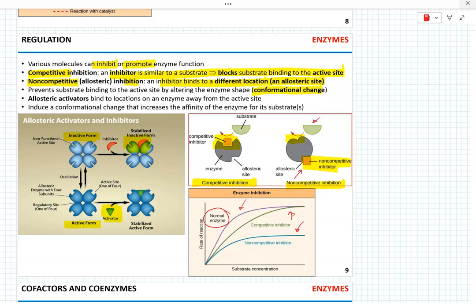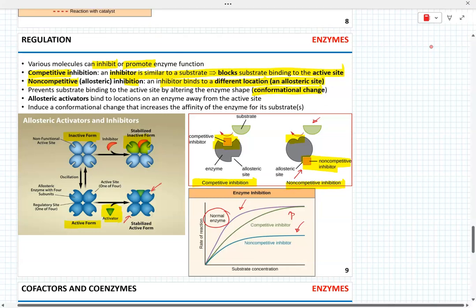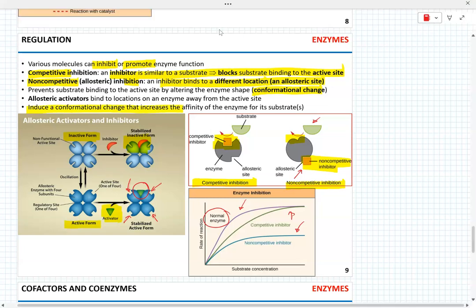You can clearly see on that illustration that this enzyme has 4 active sites, but the activator binds not to the active site, but to some other location. These allosteric activators usually induce some kind of a conformational change, which increases the affinity, the ability to specifically bind the substrate for the enzyme.